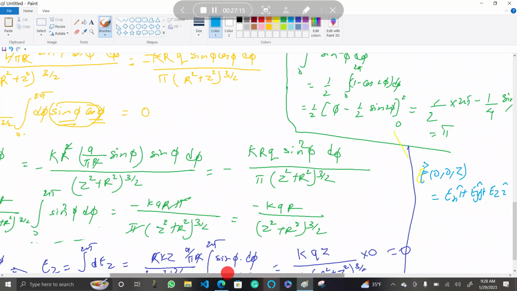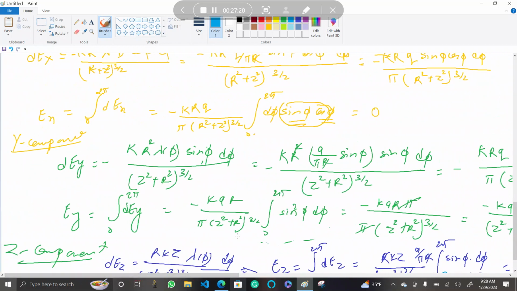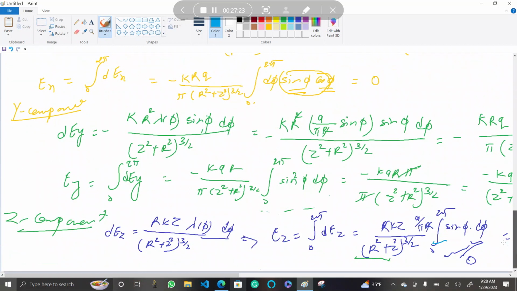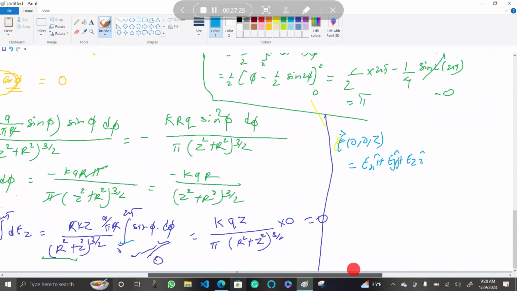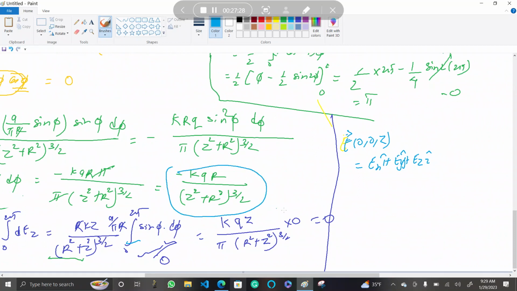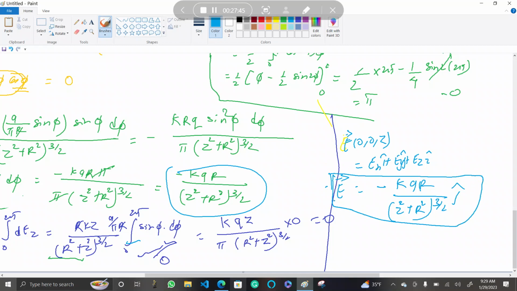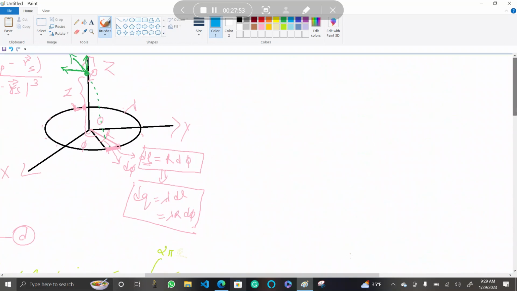As we have just got above, our x component is 0 and the z component is 0, so only the y component survives, which is k q r by g square plus r square to the power 3 by 2. So we have the net electric field because of the non-uniform line charge distribution on the circular loop for this type of figure.